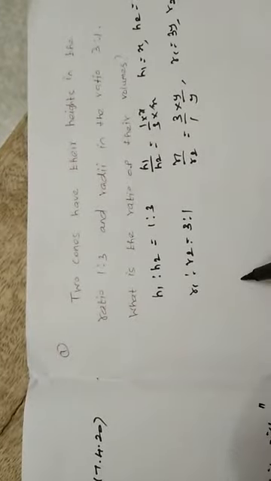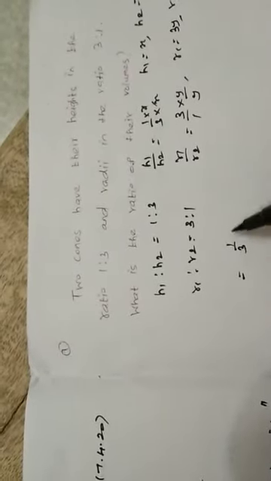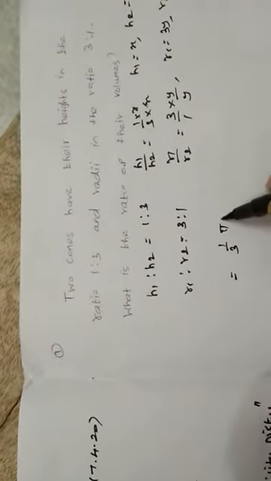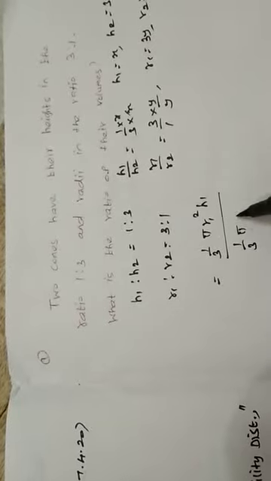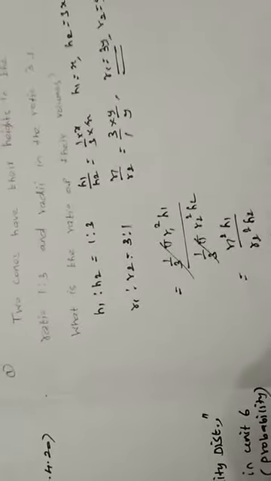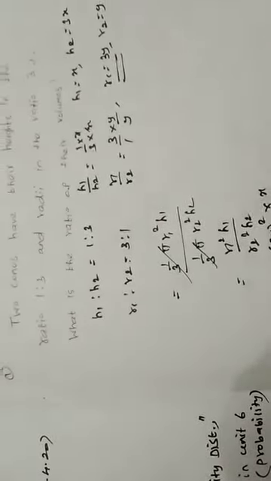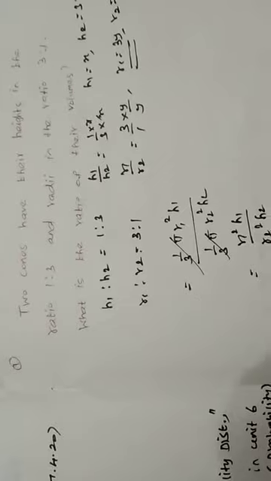Now the question is, find the ratio of their volumes. The ratio of their volumes is nothing but 1 by 3 pi r1 squared h1 divided by 1 by 3 pi r2 squared h2. 1 by 3 and pi cancel. So r1 squared h1 divided by r2 squared h2. So r1 squared is nothing but (3y) the whole squared into h1, which is x, divided by r2 squared, which is y squared, into h2, which is 3x.